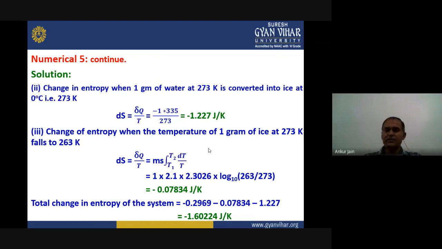Now the third step, when the entropy changes during the temperature of 1 gram of ice changing from 273 Kelvin to 263 Kelvin.